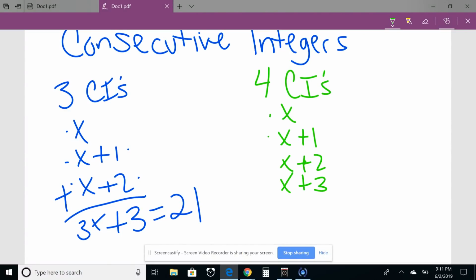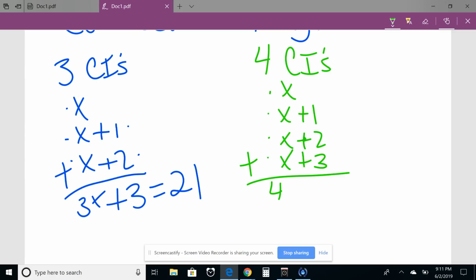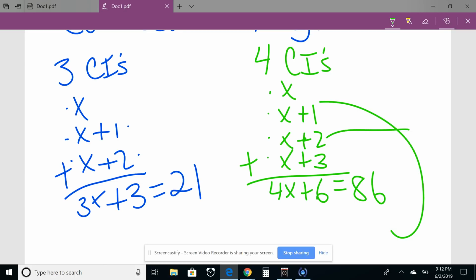These are my 4 consecutive integers whose sum, so I got to add them all together. So you get 4x, 1 plus 2 plus 3 is 6, equals 86. So that's with consecutive integers. Then once you figure out your x, you got to plug it back in to figure out each number. It should be in order.